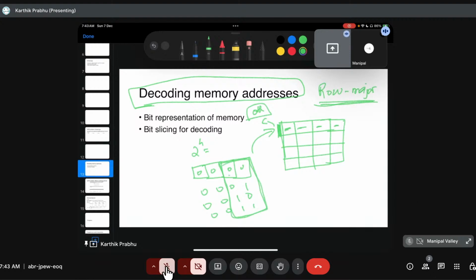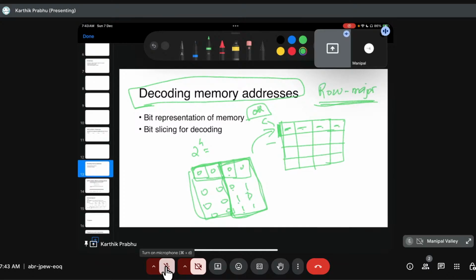These last two bits 00, 01, 10, 11 would tell us how the row got filled. But these first two column bits did not change. So these last two bits have four locations, and these first two bits also have four locations.